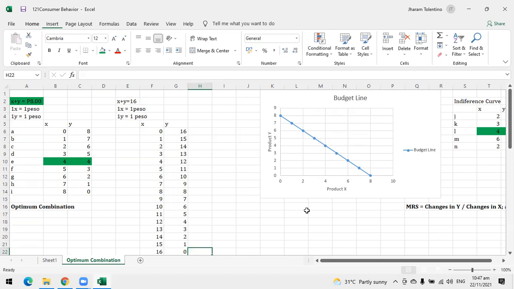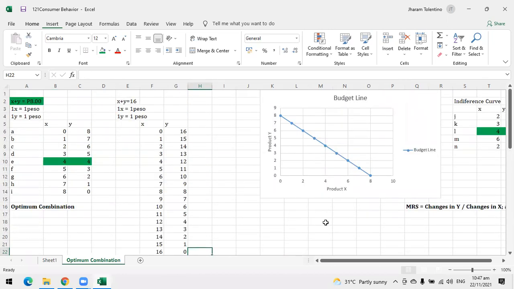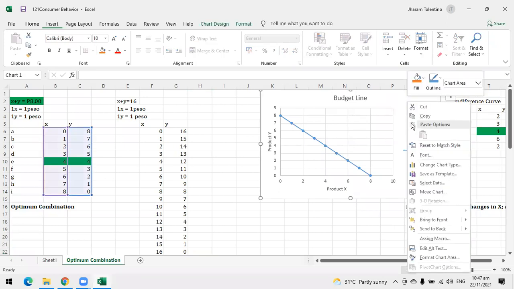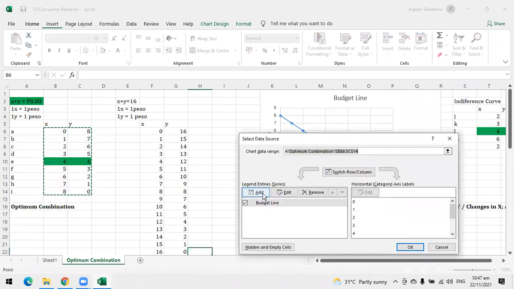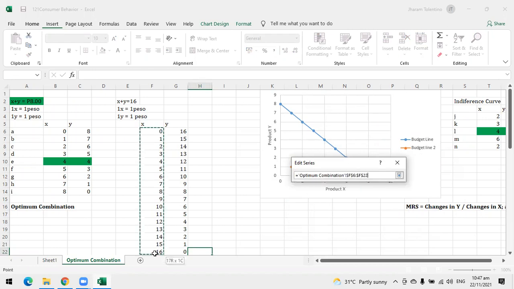So, ano mangyayari dun sa budget line natin? Okay. So, gawa tayo ng budget line. Eto na. Dito na natin gawin. Singit natin. Budget line number 2. Select data lang natin. Budget 2. X are this.